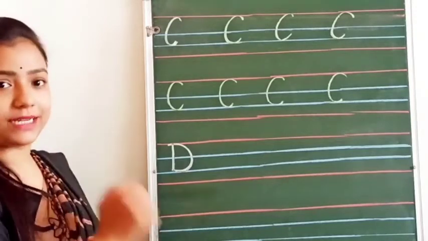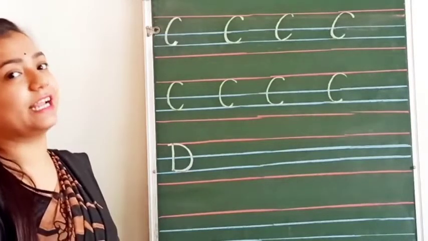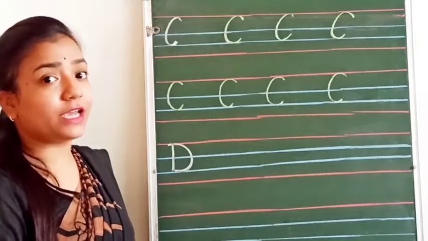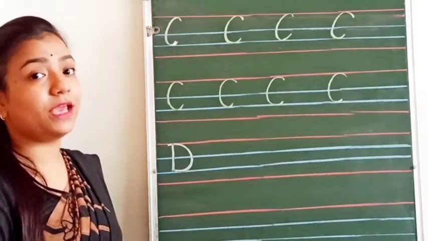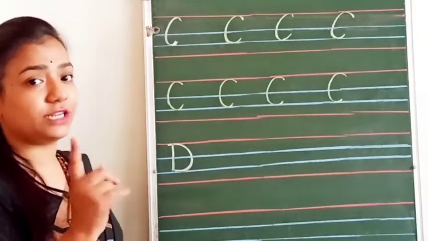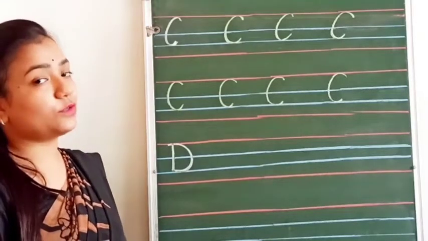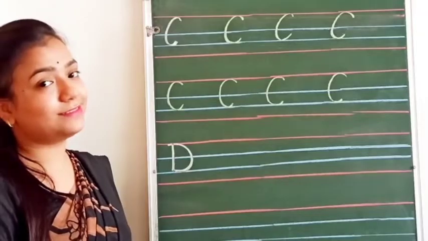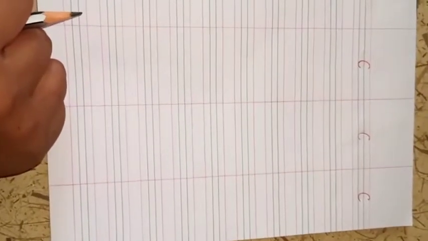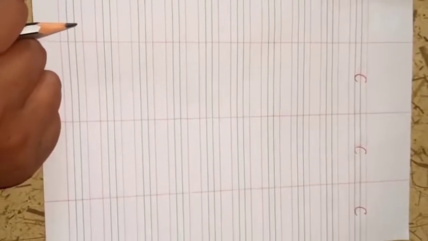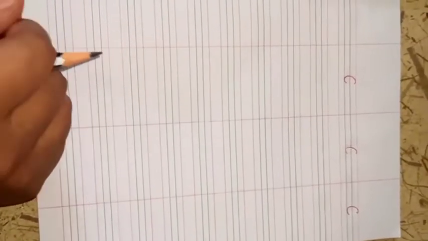Children, we will practice this letter C in our English copy now. Open your English copy, collect your stationeries and sharpen your pencil. So children, let's start making letter C in our copy. Firstly we will write the date. What date is today?